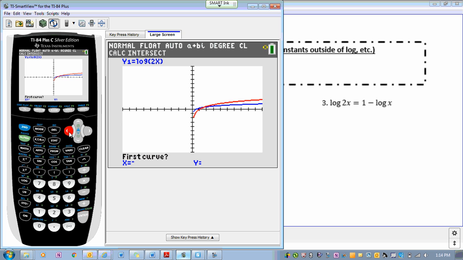I don't want to be right on the intersection. I just want to be a little bit away from it. So like right there. Hit enter again, and then hit enter.